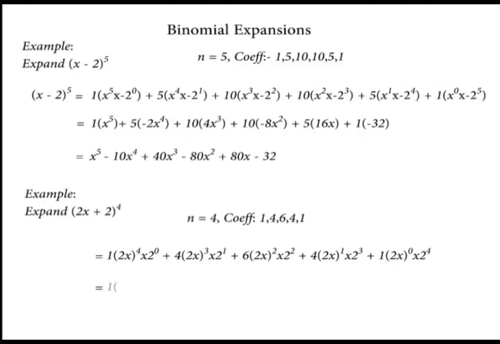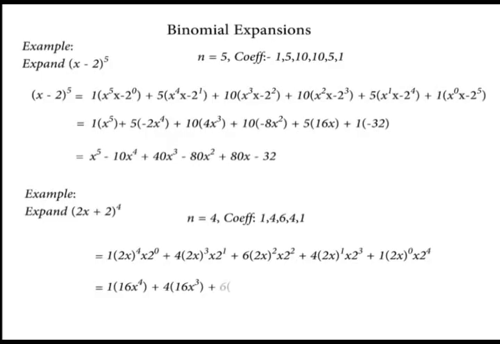So we shall have 1 times (2x) raised to power 4, which is 16x^4. 2 raised to 0 is of course 1. Plus 4 times (2x) raised to power 3, which is 8x^3, and then times 2 gives us 16x^3.